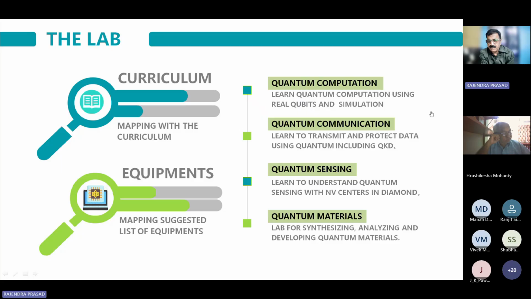Then the third one, which is very interesting and going on parallelly, is quantum sensing. That is measurement of certain parameters through quantum sensing objects. It could be anything.